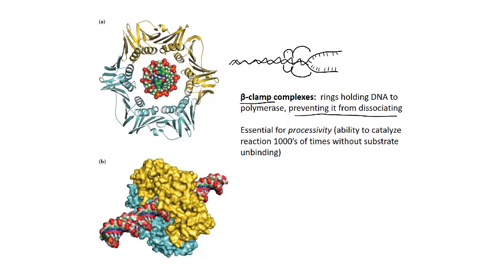The beta clamp sits on front, and it prevents the polymerase complex from falling off. And this is important for the reason of what's called processivity, which means that you're able to replicate DNA thousands of times without ever losing your substrate. That's very important because what would happen if the polymerase fell off the DNA?